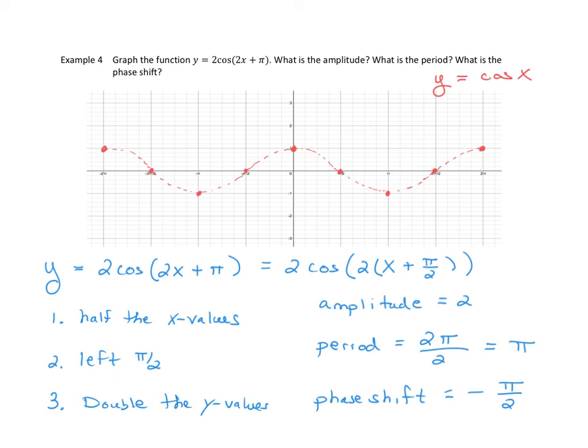Let's try it out. Okay, if we take half of the x value here, nothing happens. The x value is 0, so it stays where it is. Okay, I'll go left pi over 2, so I end up here. Then, when I double this y value of 1, it goes from 1 up to 2. So this is my new point.